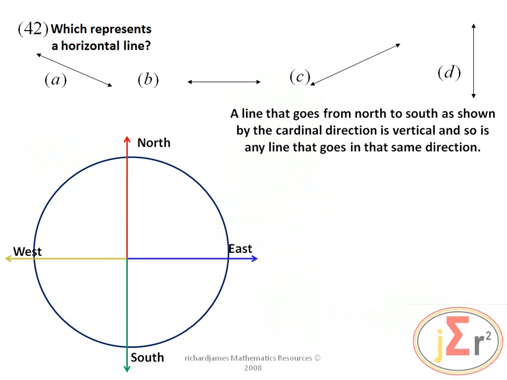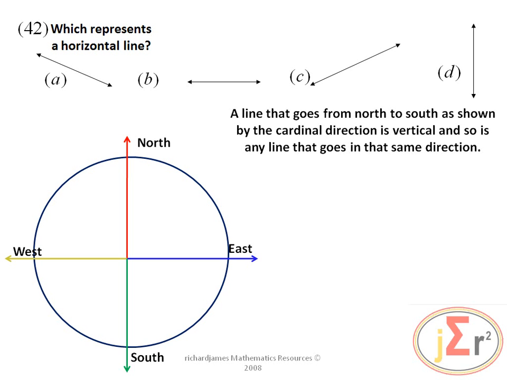We'll be using our cardinal points as an allusion to directions like vertical and horizontal. This is because your cardinal points are familiar, or you should be familiar with your cardinal points. Therefore, I'm going to be using them as a reference.